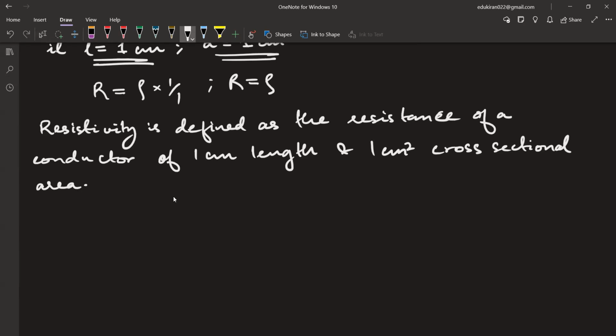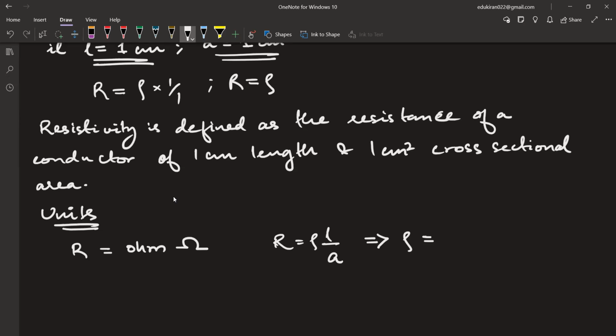Okay, let me write units. The unit for R is ohm. R is equal to rho L upon A, which implies rho is equal to A into R upon L. So A will have the unit of centimeter square into ohm upon centimeter.